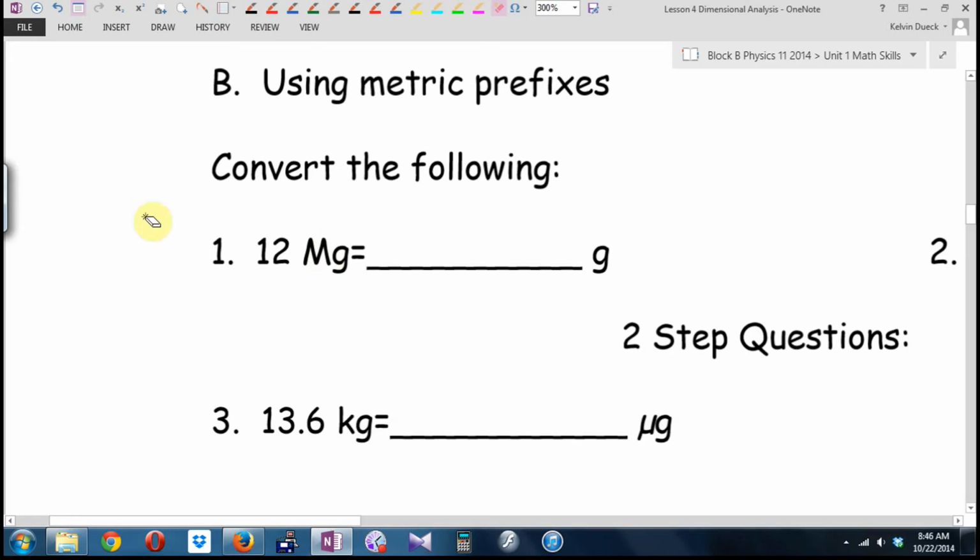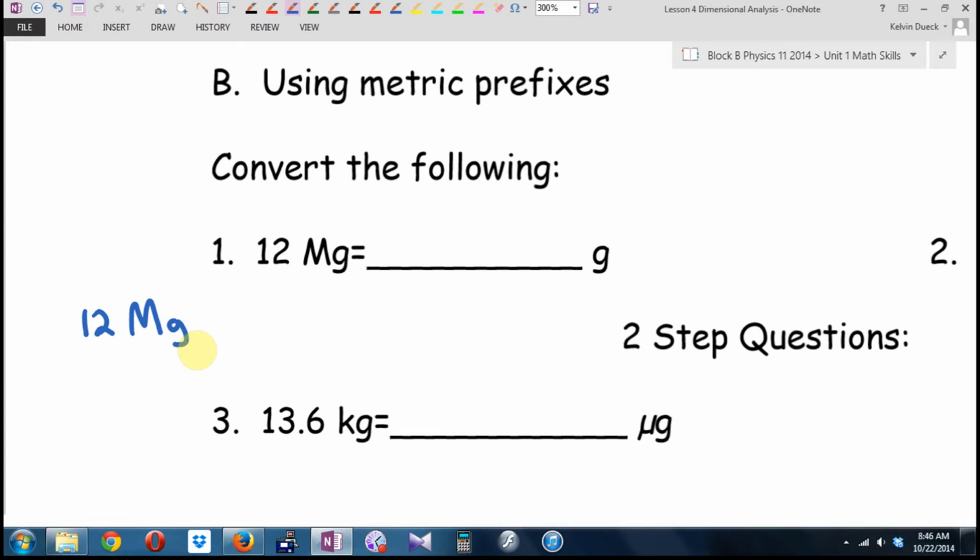So with your pen or pencil, underneath here, write 12 megagrams. I always do that. Also, I'm big on getting you to write something down because once you write something down, the question is no longer blank. I've learned as soon as the kids write something down, their test scores go way up. Their brain starts flowing into their arm a little bit, and somehow they just know what to write. So, trick of the trade.